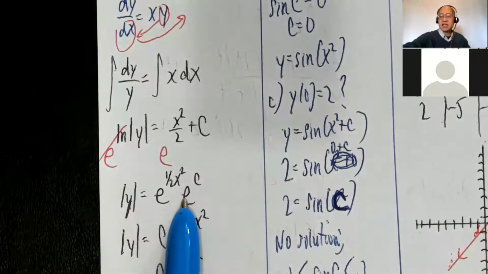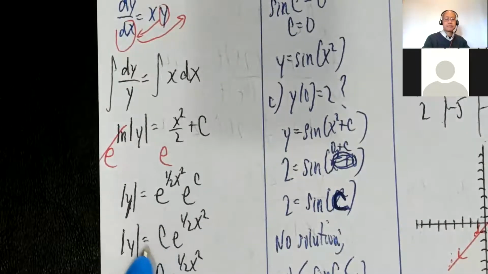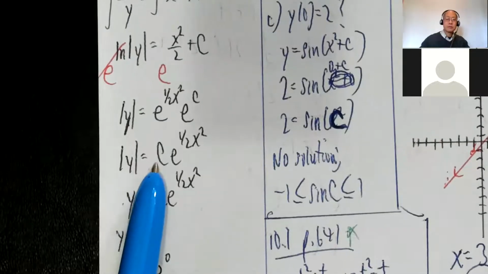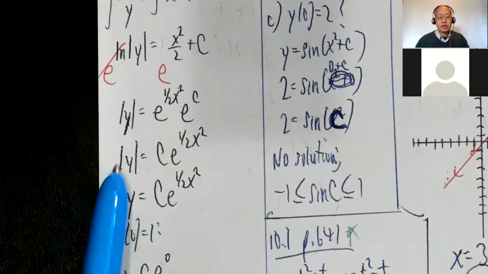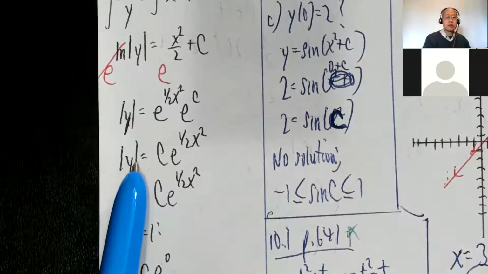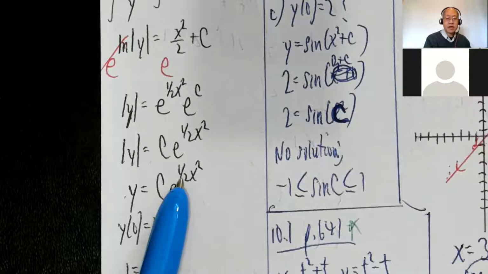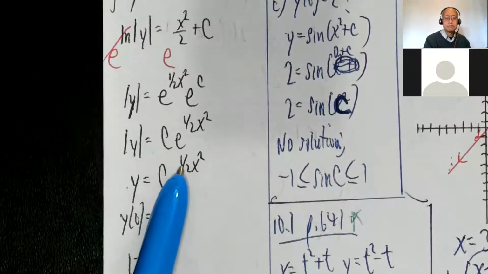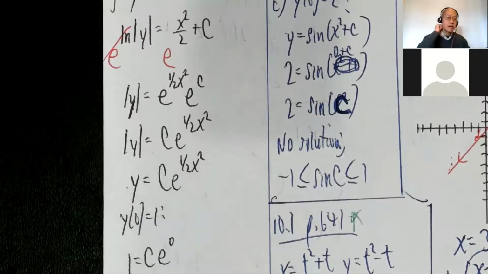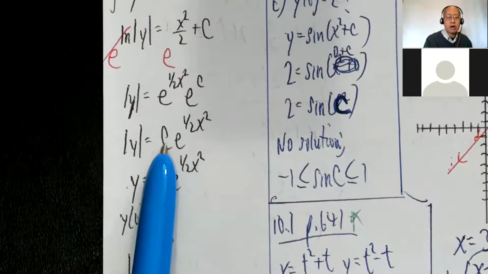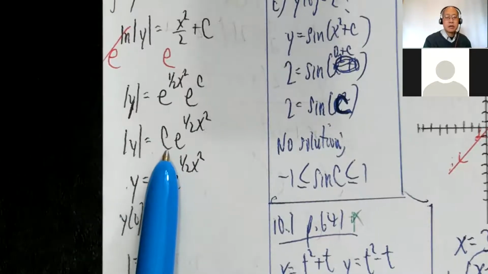And now what is e to the c? c. And once again, drop the bars. I can just go straight from here to here. So y equals c e to the half x squared. Once again, you can only play this game if you have an arbitrary constant c on the other side.